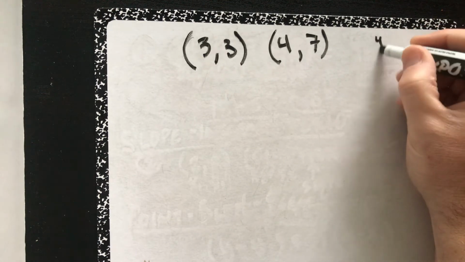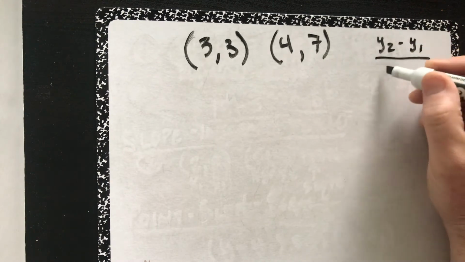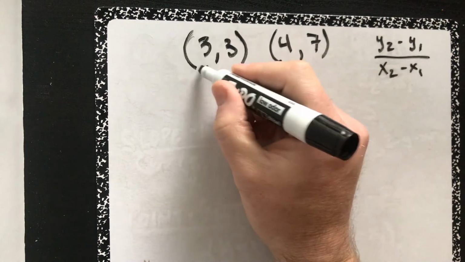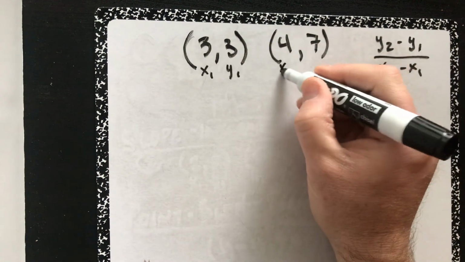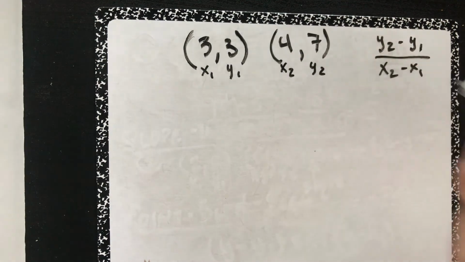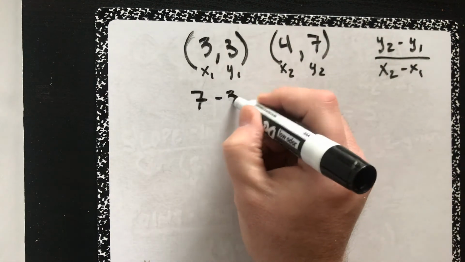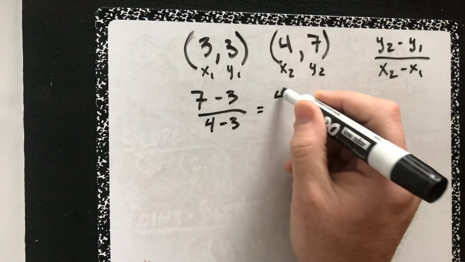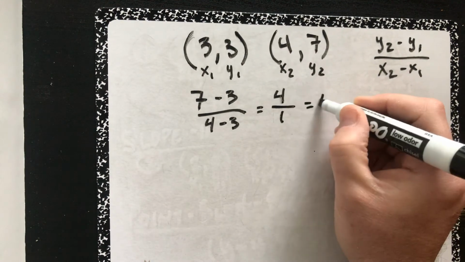So if we find the slope using y sub 2 minus y sub 1 over x sub 2 minus x sub 1, then we'll have it. So let's call that x sub 1, this y sub 1. This is x sub 2, this is y sub 2. So we have 7 minus 3 all over 4 minus 3. So 7 minus 3 is 4, 4 minus 3 is 1. Our slope is 4.